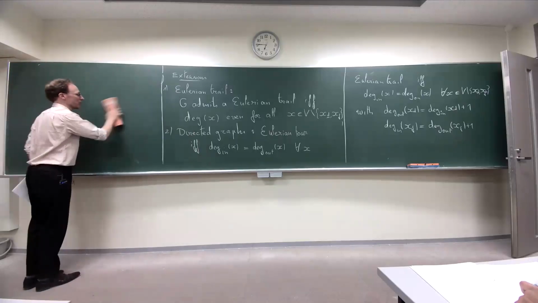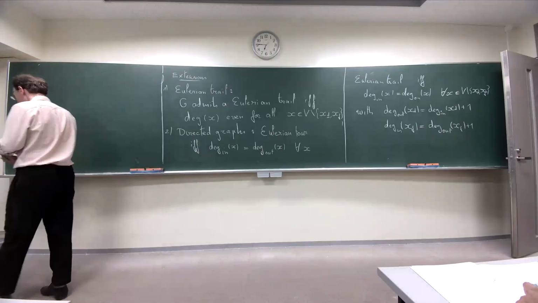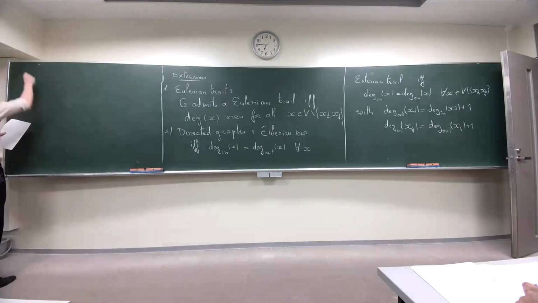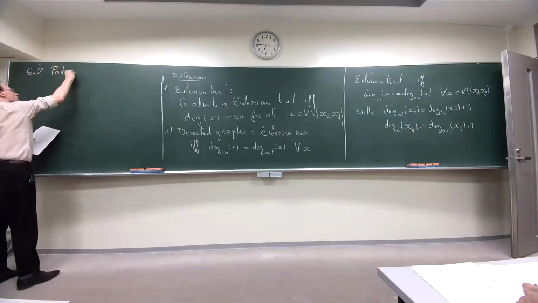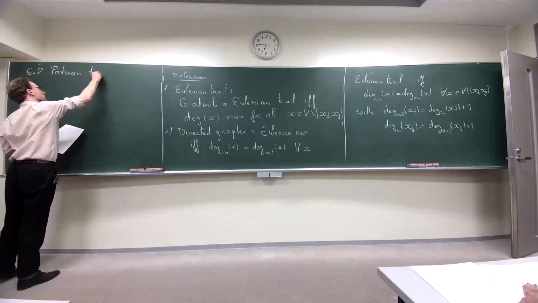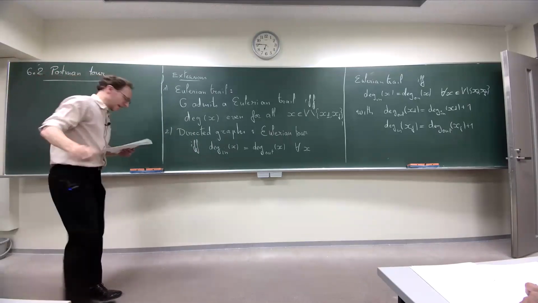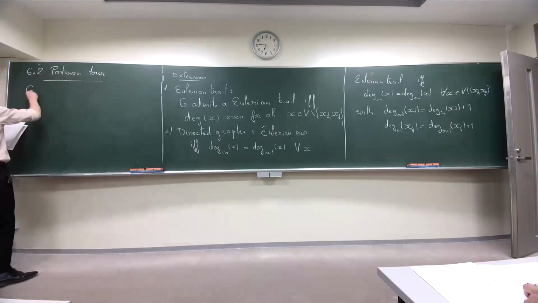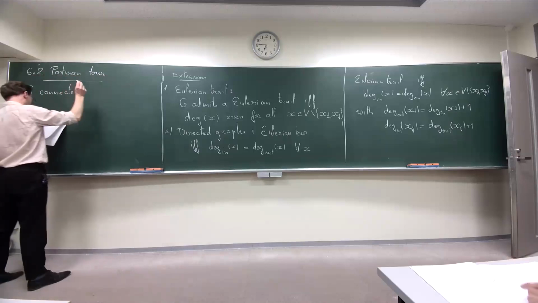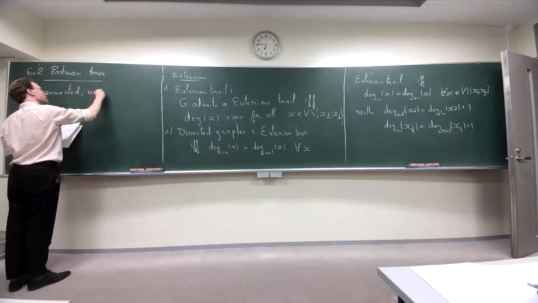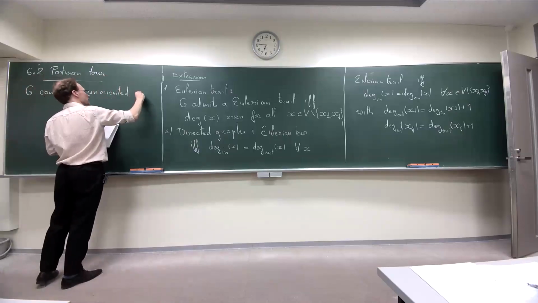Okay, let's move to something slightly more complicated: section 6.2, Postman tour. So let me directly write G connected, unoriented and finite.